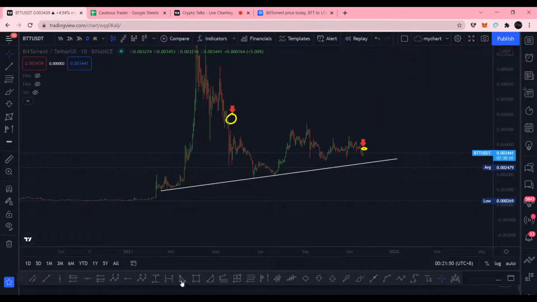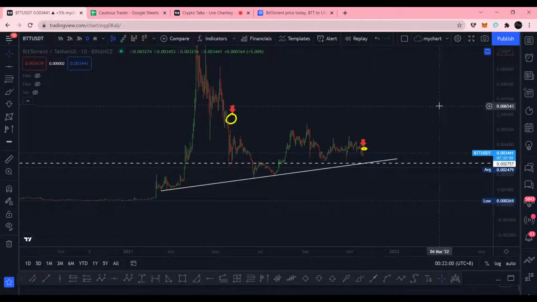So I'm going to wait possibly at this area, because it made a dead cross. It might go to 0.002757, which is the previous highs here and might possibly become the support area. And as I mentioned, there is a dead cross, so I think it might still trade lower.